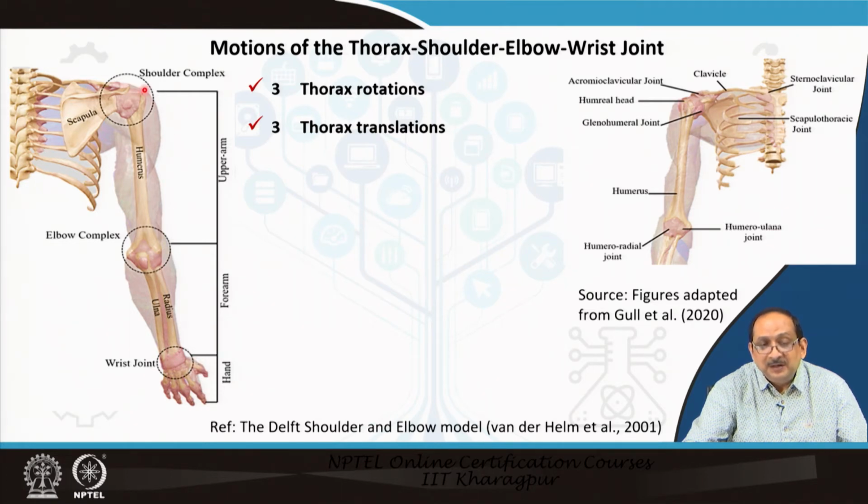Together, they form an important upper extremity complex responsible for a large range of movements. Now, if we consider the movements of each joint, then we have 3 thorax rotations and 3 thorax translations with respect to a rigid frame.